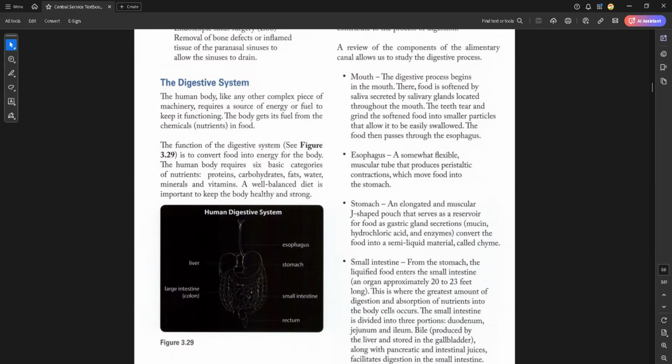I said, well, body shapes vary according to the height of the person. Now, the function of the digestive system is to convert food into energy for the body. The human body requires 6 basic categories of nutrients: proteins, carbohydrates, fats, water, minerals, and vitamins. So all these things we eat are going to help us.